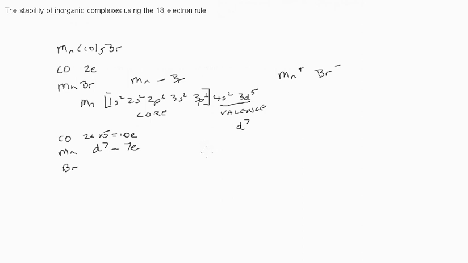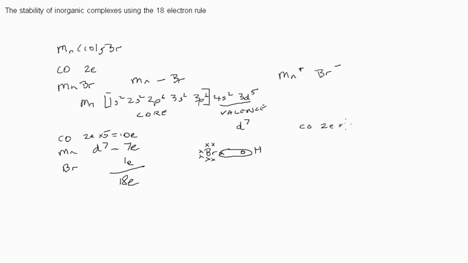And you'll recall from Lewis dot structure discussions that the halogens are just one short of the inert gas, and typically they will have 3 lone pairs and a single electron, and that electron is usually the electron that's formed in bonding, such as in the HBr bond. That's the electron that would participate there. So the bromo ligand in this case is going to be 1 electron. Total 18 electrons.